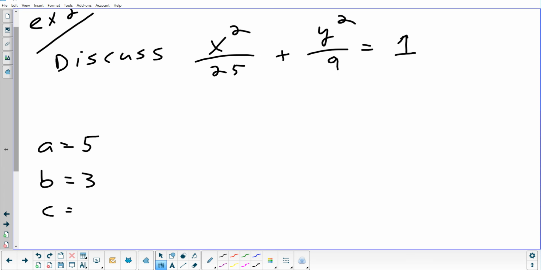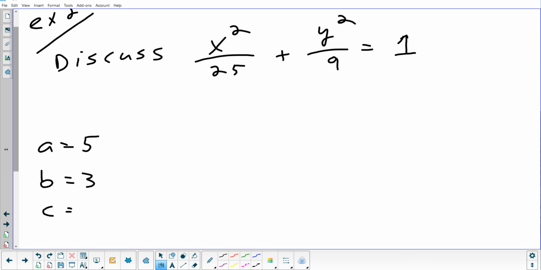Now C is the distance from the center to the focus. We don't know the focus. So how am I going to get C? Well, how can we get C?